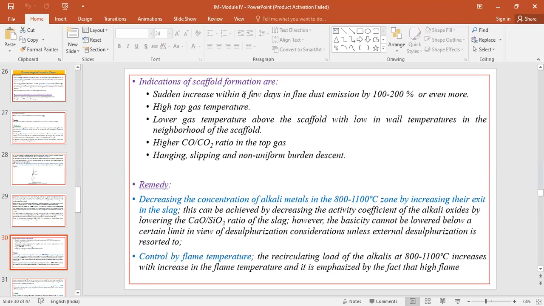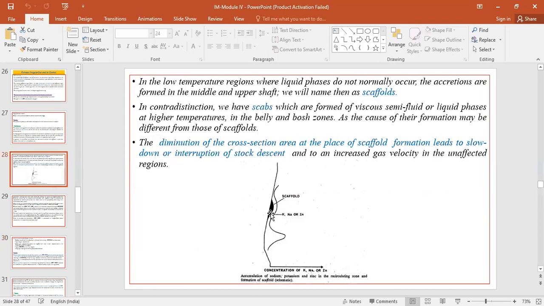Because as the solid projections are formed inside the blast furnace like this, if it is a little larger, then whatever burden is above it will be in a hanging condition, and will never travel downwards, and that accumulation keeps on increasing.